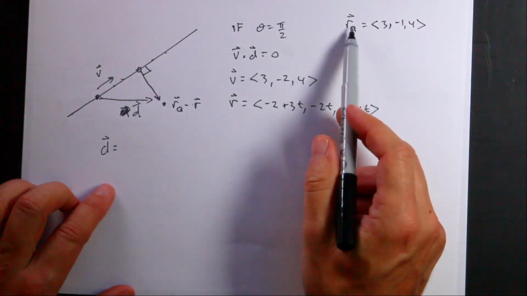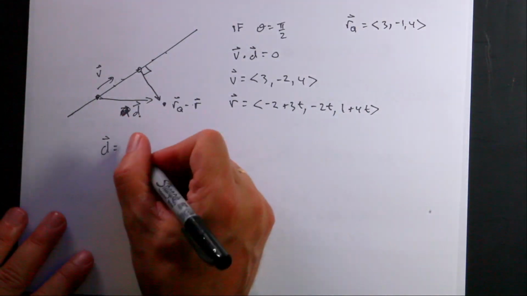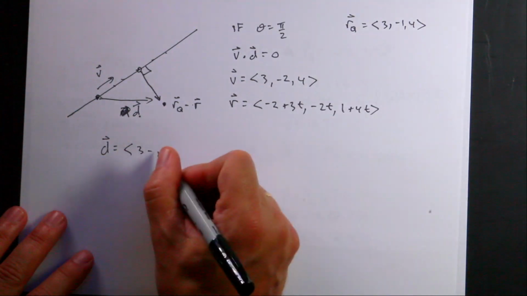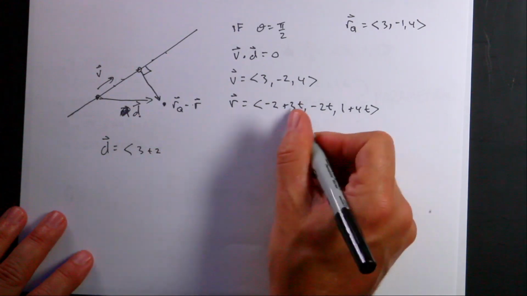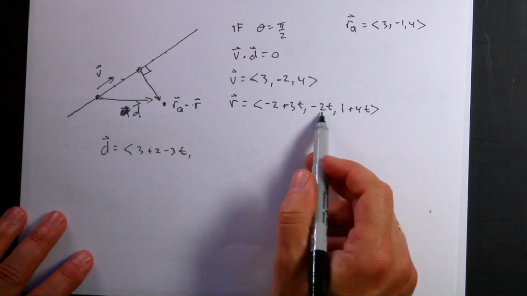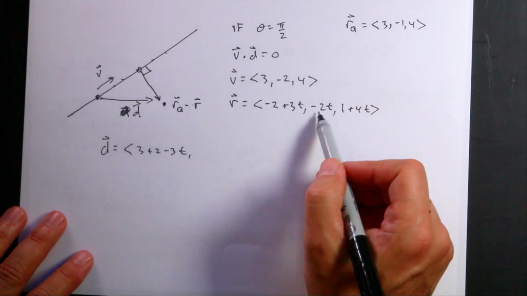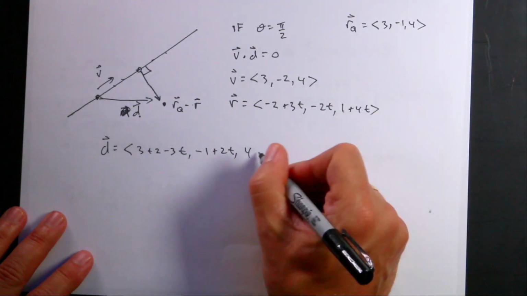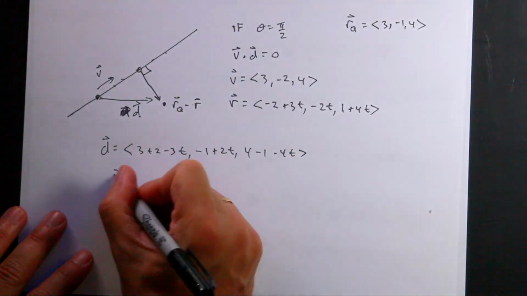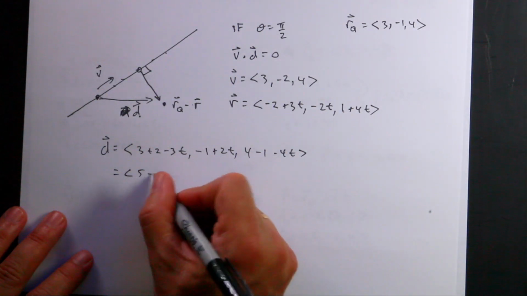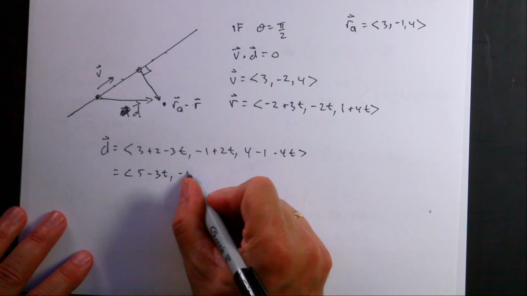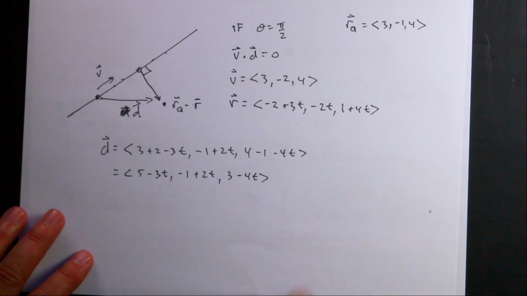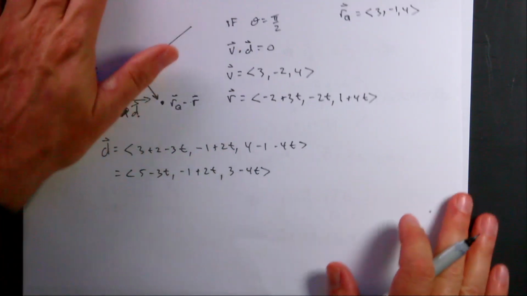So now I can take the difference between rq and that generic point right there, and I get the d vector is going to be equal to 3 minus negative 2, so plus 2, minus 3t, and then negative 1 minus that, so negative 1 plus 2t, and then 4 minus 1 minus 4t. And let's just simplify this, so I get 5 minus 3t, minus 1 plus 2t, and then 3 minus 4t. That's my vector d for some arbitrary point, right?